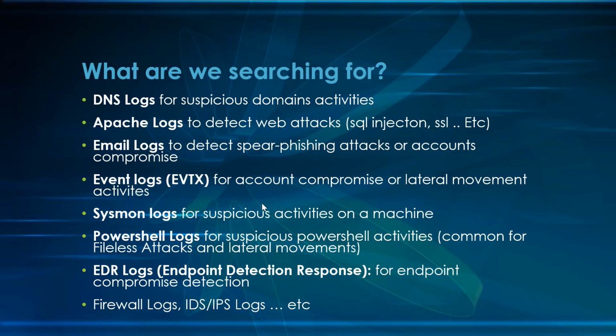Domain activities like suspicious websites, say malware.cc, or let's say 100 domains that are non-existent, and one machine is trying to connect to these 100 domains. So probably it is generating domains and trying to find a domain that the attacker has actually bought.